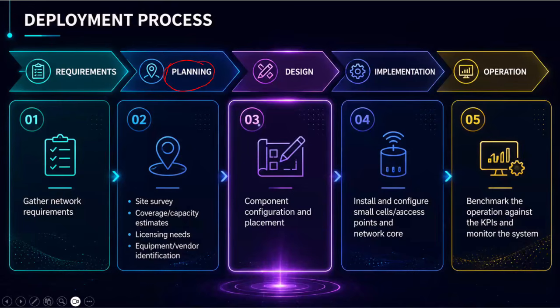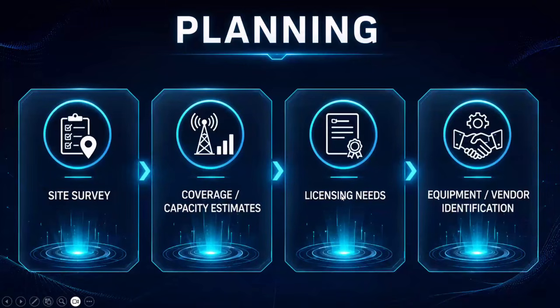Okay. The second step in the deployment process is planning. Once the requirements are clear, we have to plan our network. This is where we start translating the customer requirements into an actual network plan. Here we have to follow four key areas. First is the site survey.